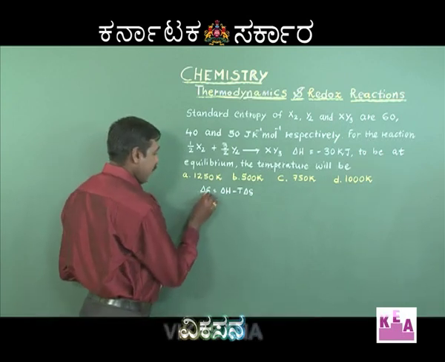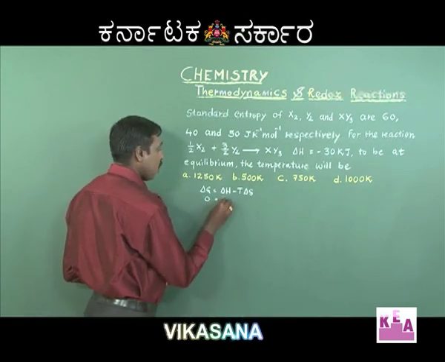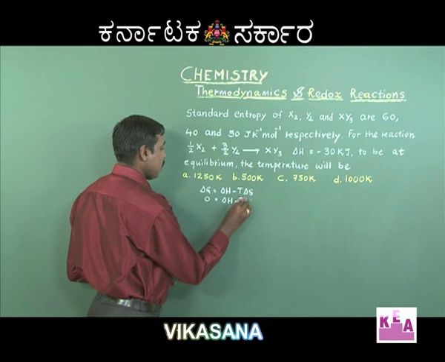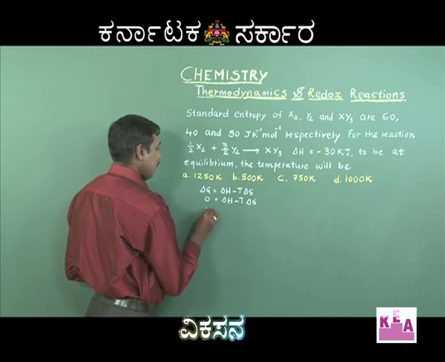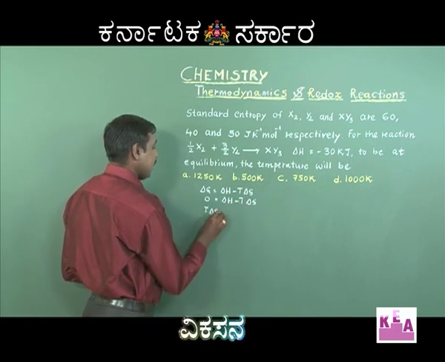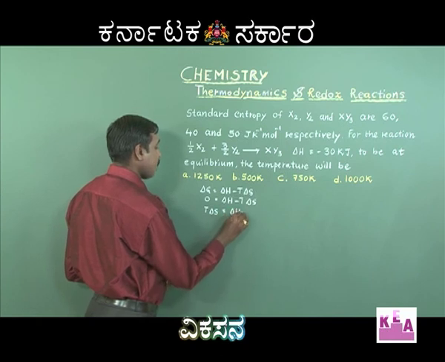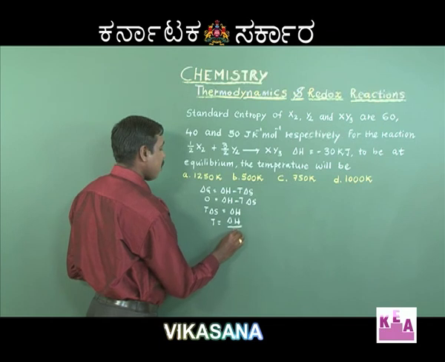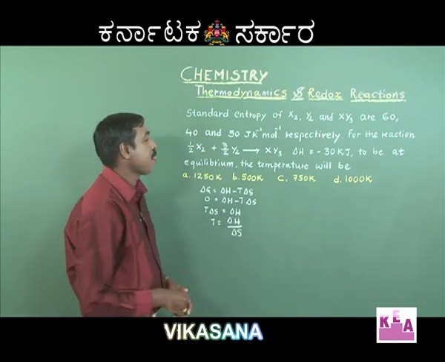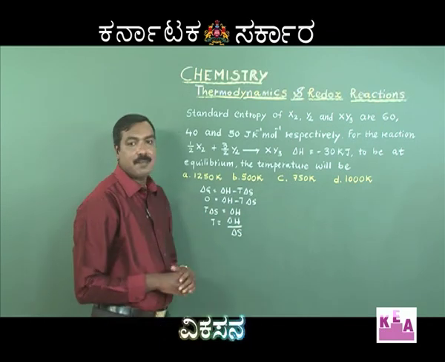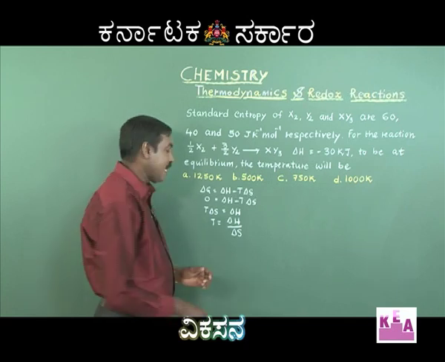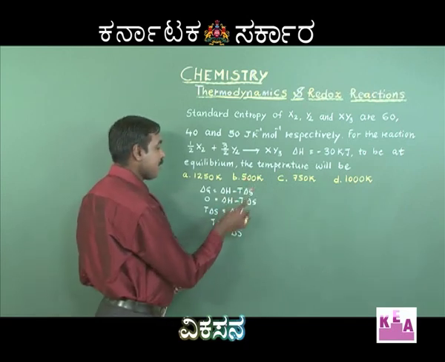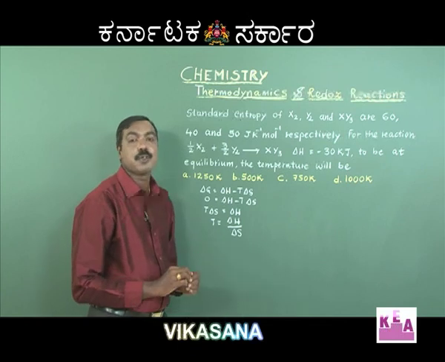Therefore, if delta G is equal to 0, I get the relation T delta S is equal to delta H. Therefore, T is equal to delta H by delta S. From the data I have, delta H is equal to minus 30 kilojoules, no doubt about it.